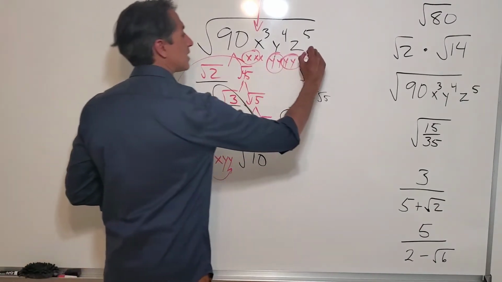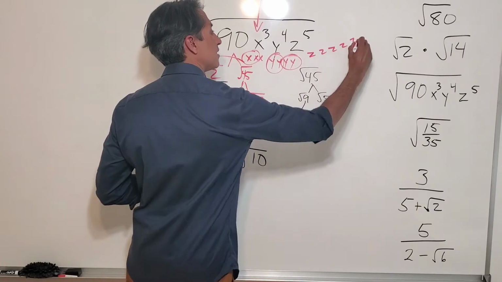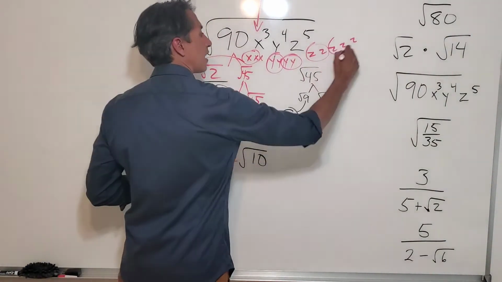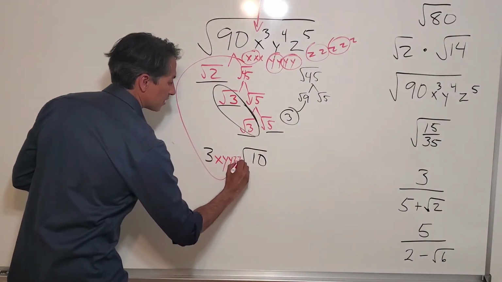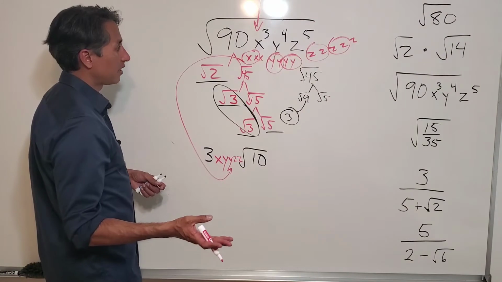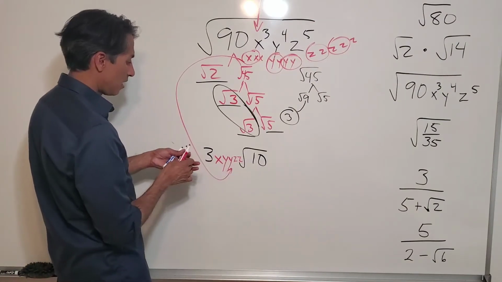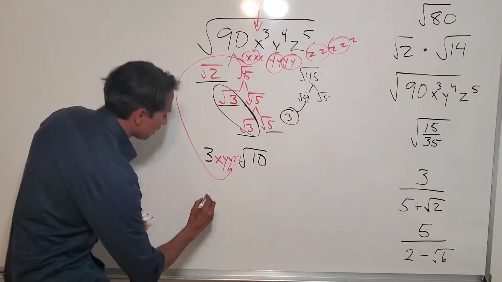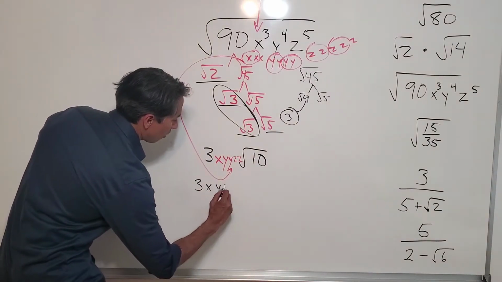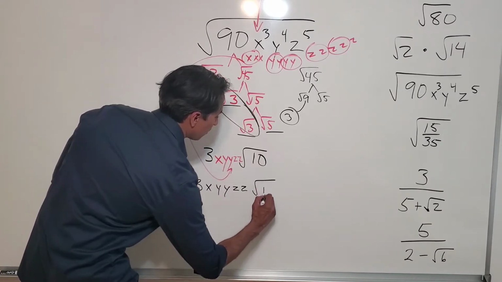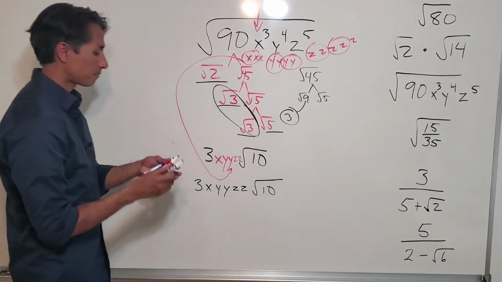And now I got my z's. I got z, z, z, z, z. I got a double, so I can pull out a z. I got a double, so I can pull out a z. And is there anything left? Yes. Okay, so before I do that, let's talk about what's out here. So I have 3x, y, y, z, z, and then square root 10, okay?